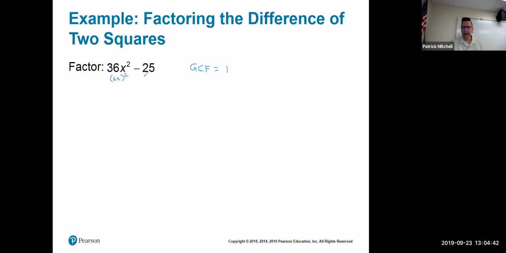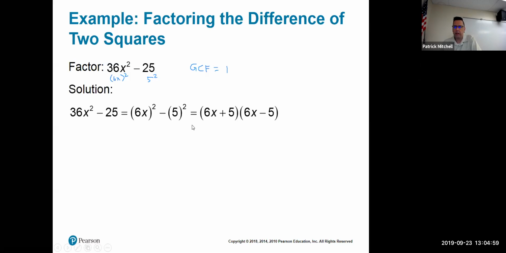So that means in that pattern that I was just showing you, a squared minus b squared equals a plus b times a minus b. Playing the role of a is 6x, playing the role of b is 5. So this thing is going to factor into 6x plus 5, 6x minus 5.